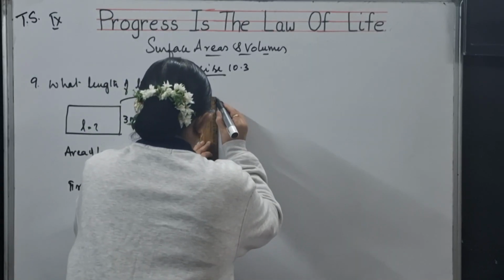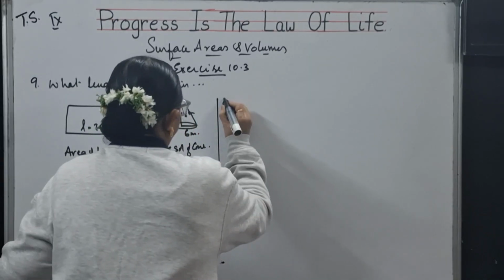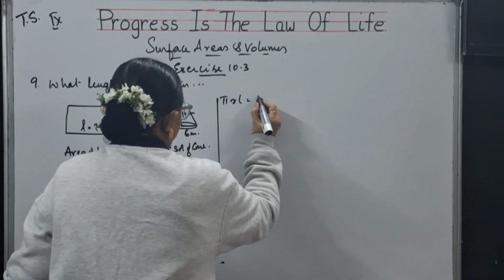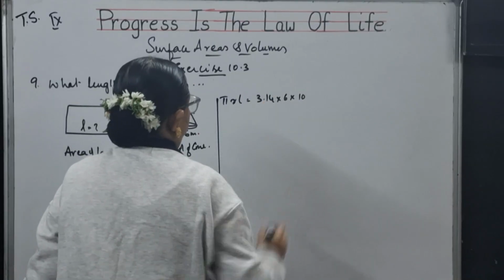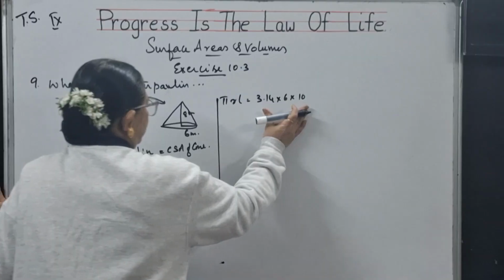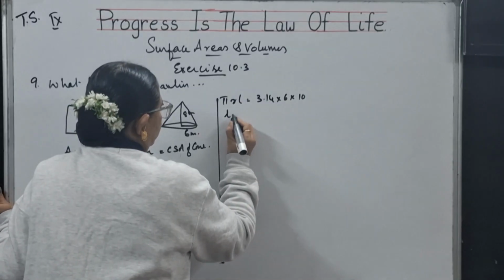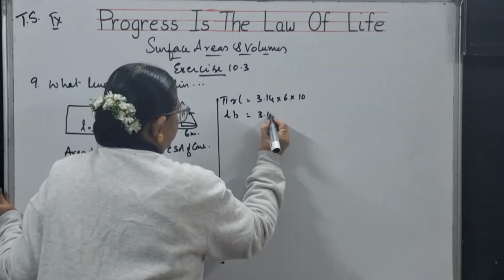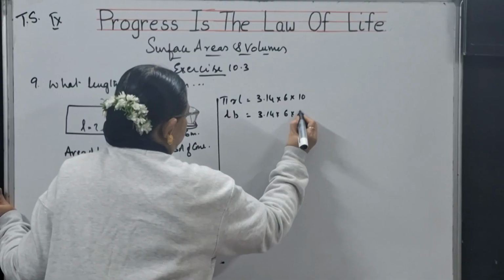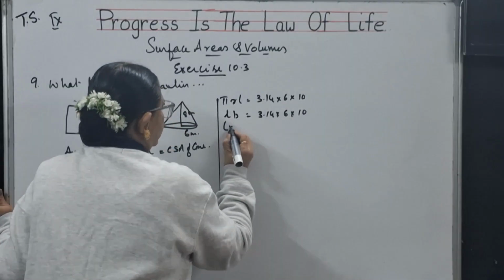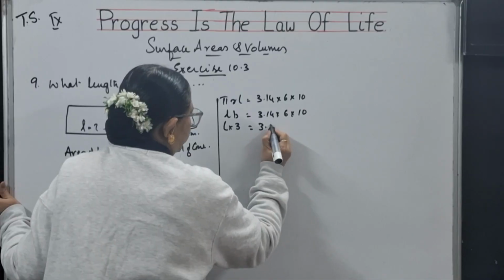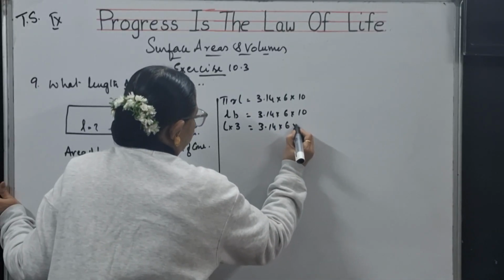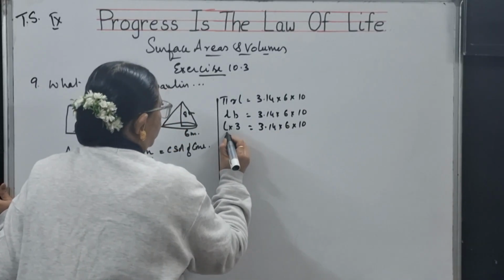So pi RL is equal to 3.14 into 6 into 10. Now this is equal to length into breadth, which is 3.14 into 6 into 10. The breadth is 3 meters, they have given. Now we want the length.